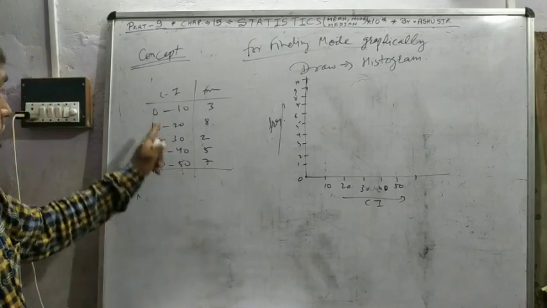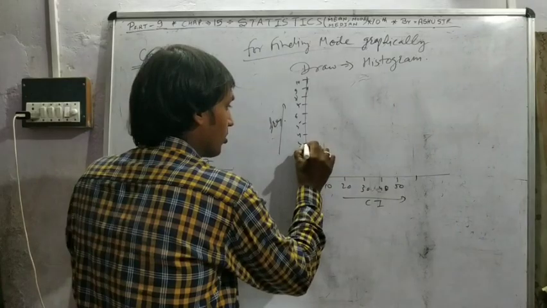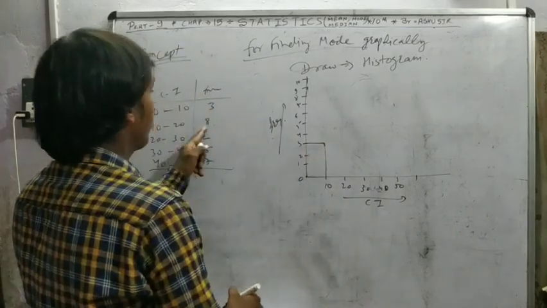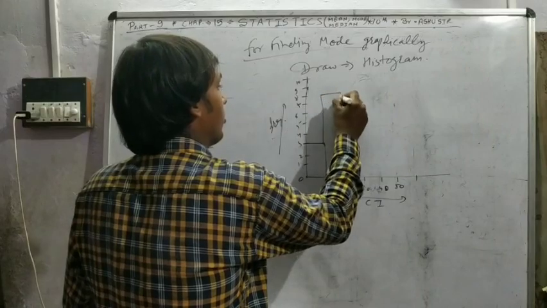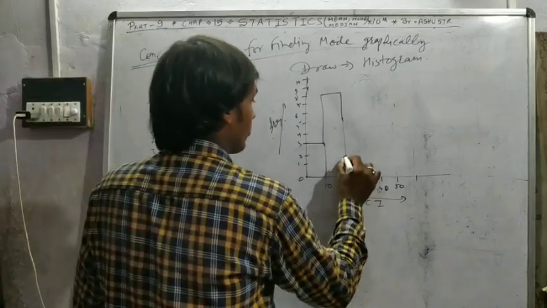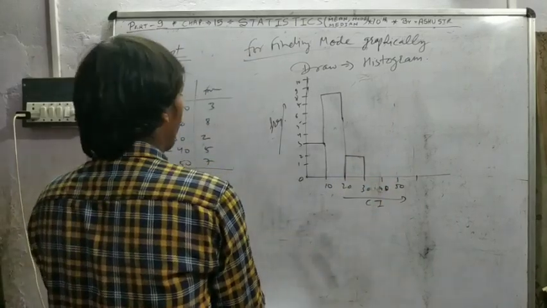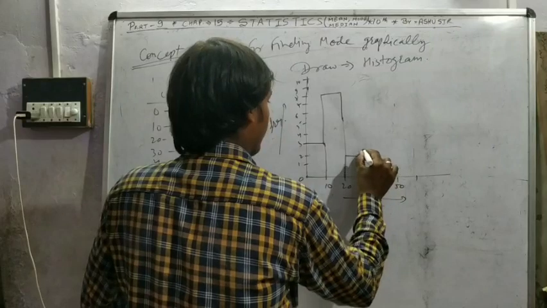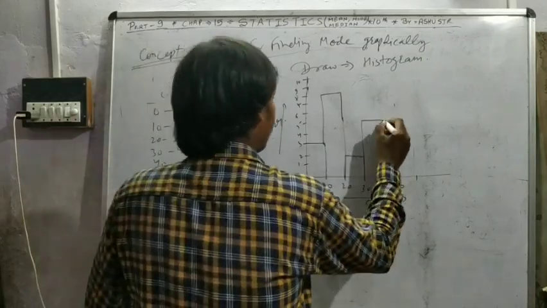So we draw the histogram: 0 to 10, 3; 10 to 20, 8; 20 to 30, 2; 30 to 40, 5; 40 to 50, 7.